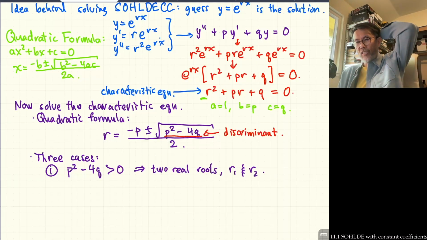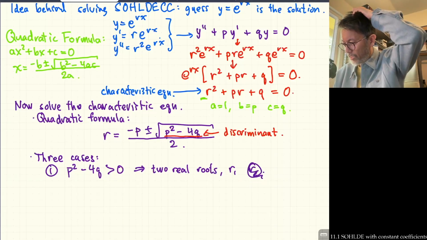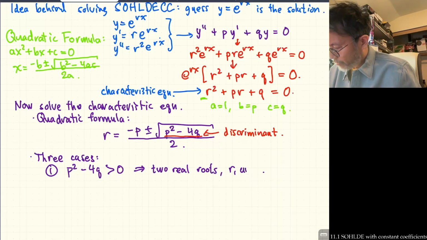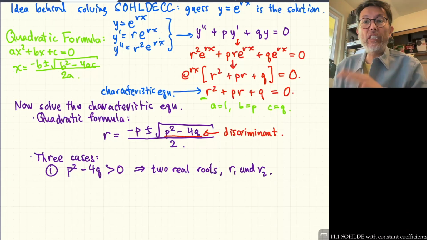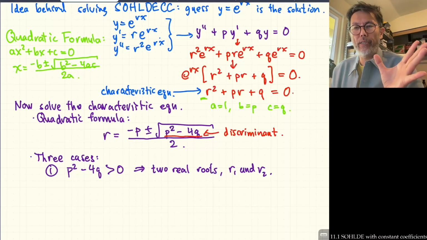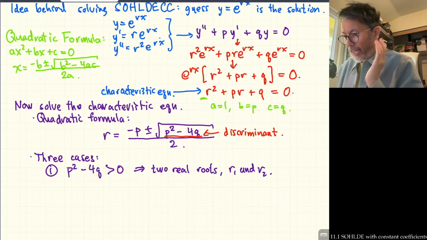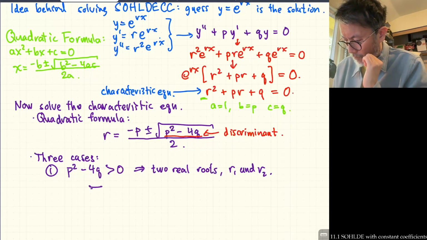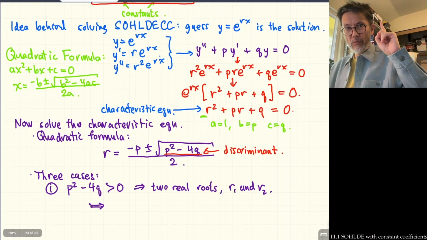We'll call them R sub 1 and R sub 2. These are just numbers, people. Don't get all weird. These are just numbers, okay? And in this case, don't lose sight of what it is that we're doing here.